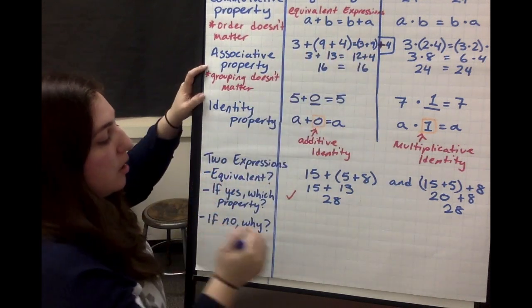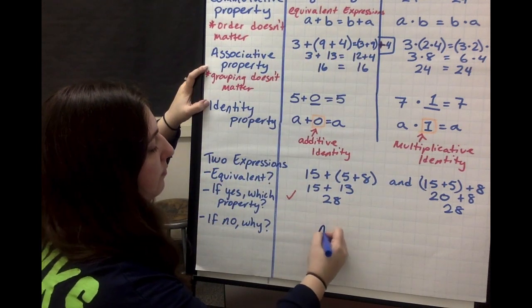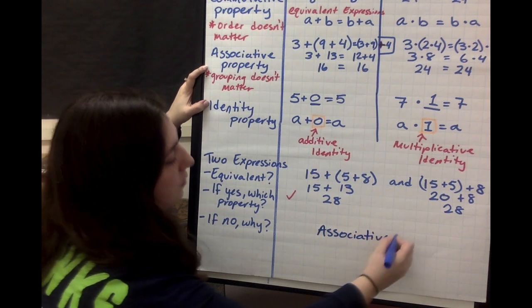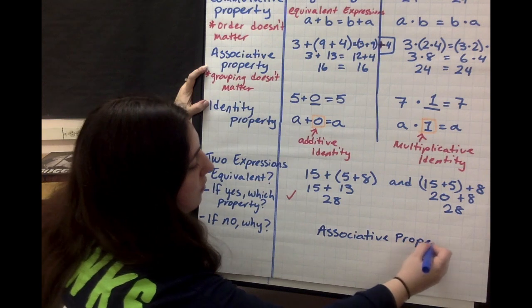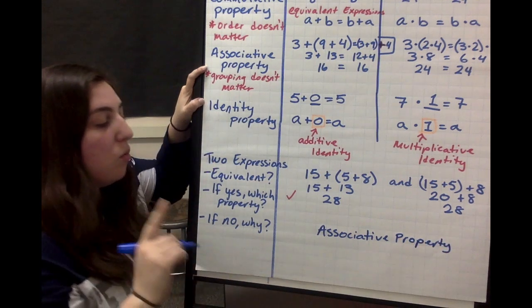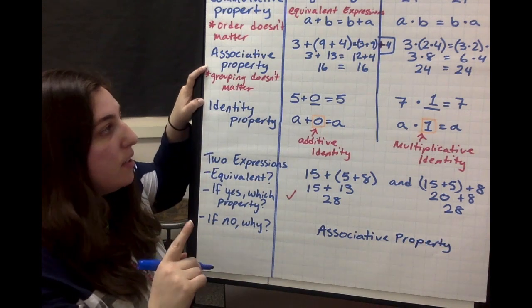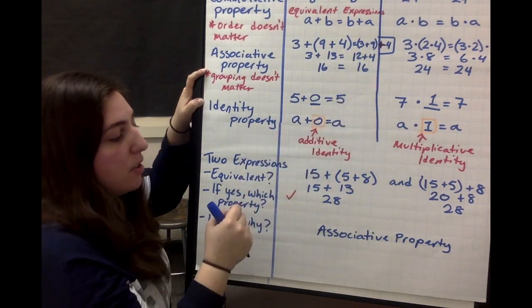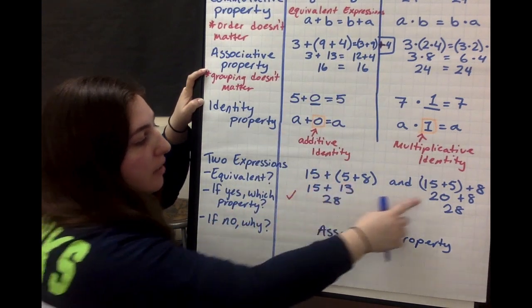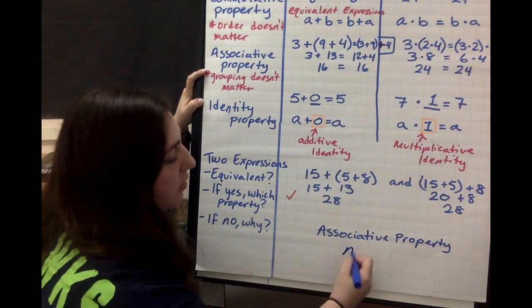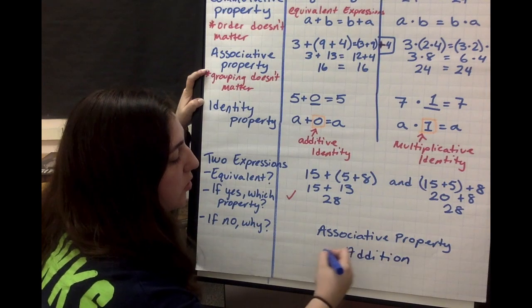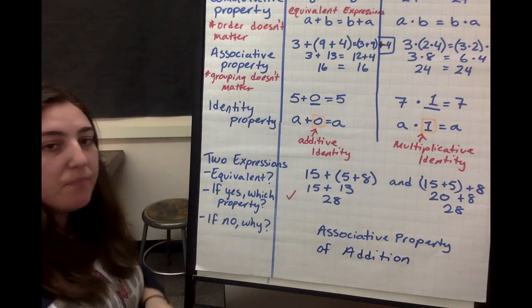So I know it's the associative property. And then one other thing to note, is it the associative property with the addition or multiplication? And since we're adding, it's going to be with addition. So associative property of addition. And that's it.